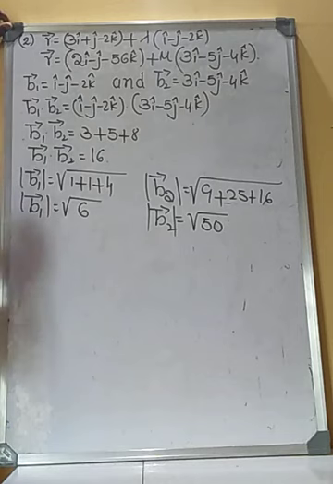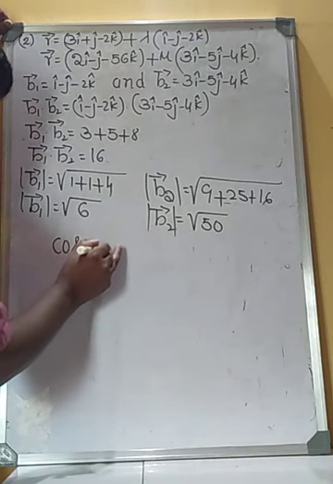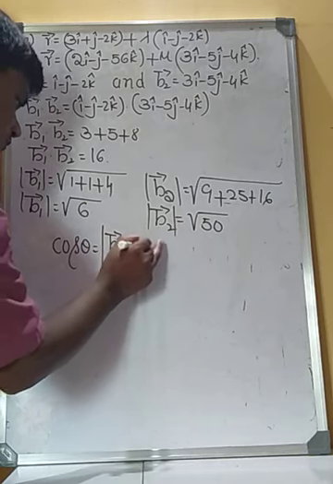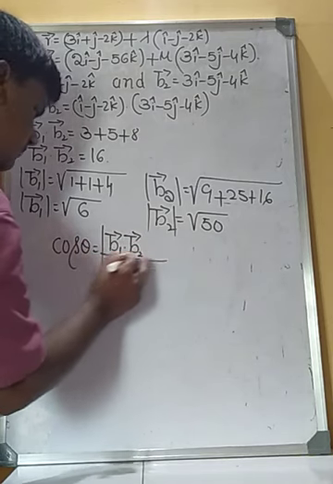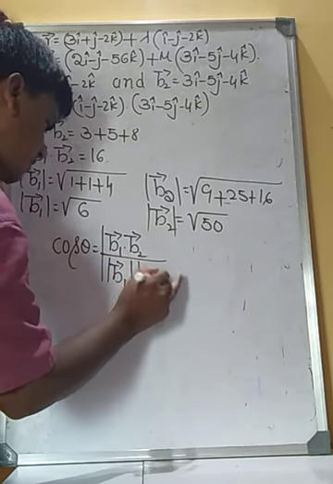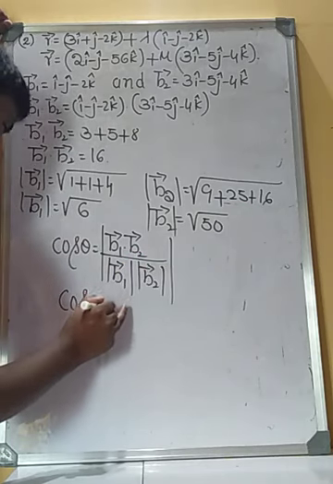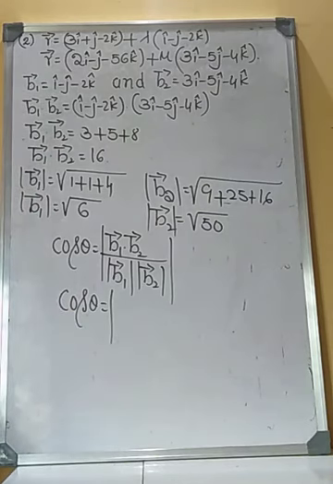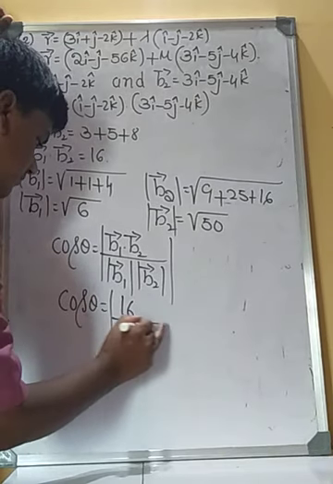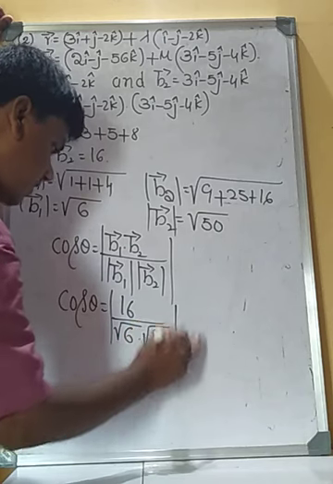Therefore, the angle between two lines is given by cos theta is equal to magnitude of B1 vector dot B2 vector divided by magnitude of B1 vector into magnitude of B2 vector. Therefore, cos theta is equal to magnitude of B1 dot B2 vector, which is 16, divided by root of 6 into root of 50.